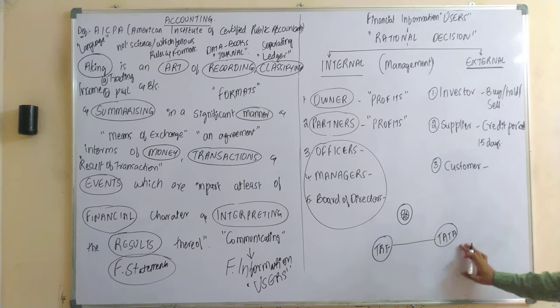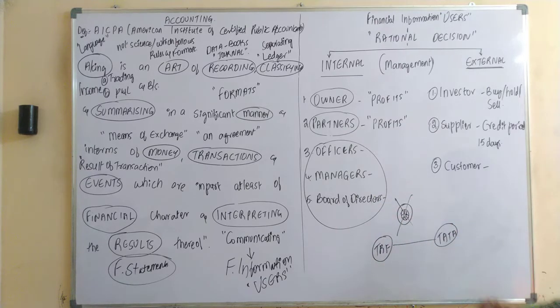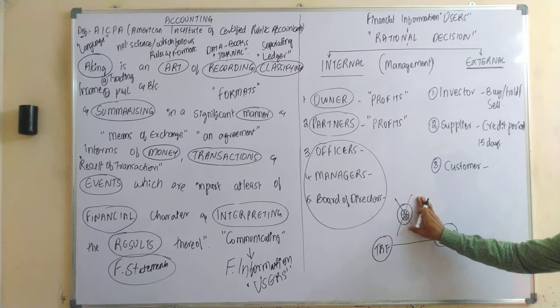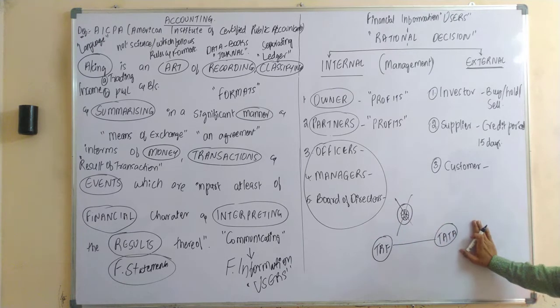If our financial statements are not good, his supply chain would be broken. He has some commitments to deliver the goods. If he relies on the TRF product, he cannot supply the goods to his customers, yes or no?